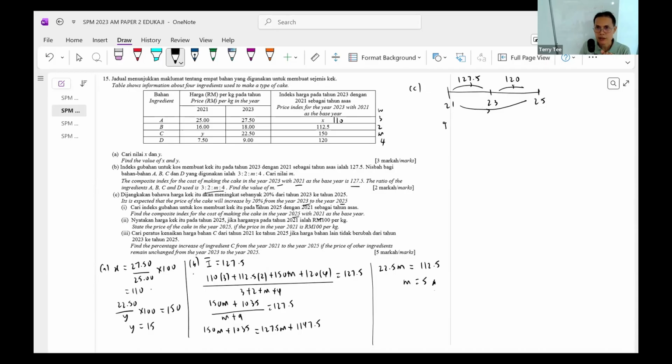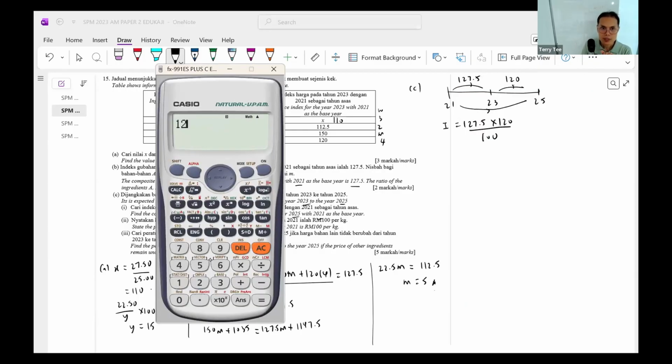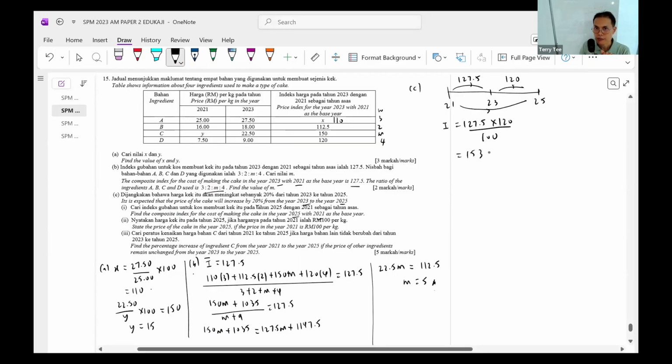We just take 127.5 times 120 over 100, which is 127.5 times 1.2. You should get 153. All right, this is C Roman 1.